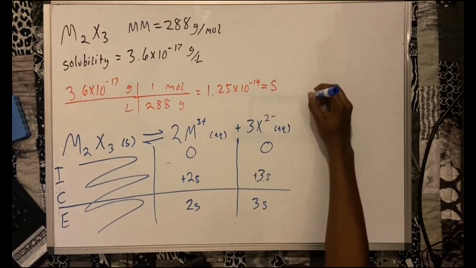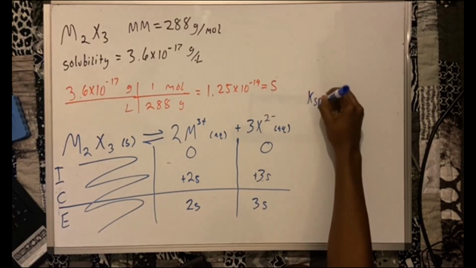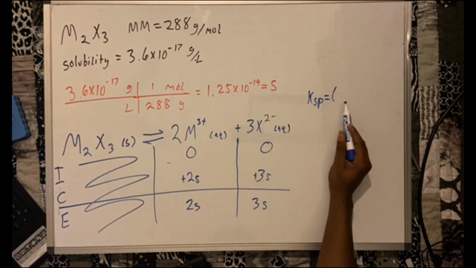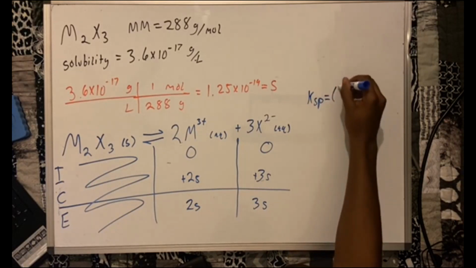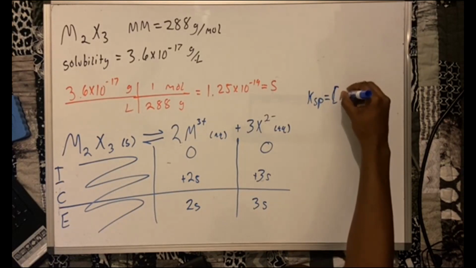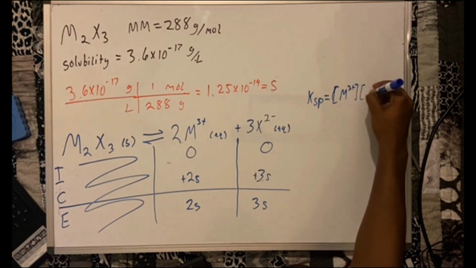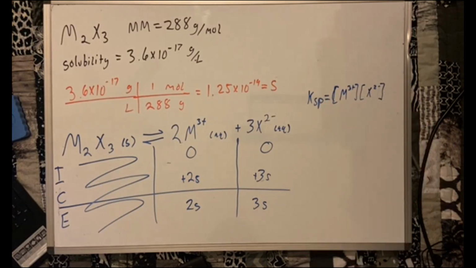So I got that Ksp equals, okay, gotta be careful here. What do I put? So let's write out our concentrations. So M 3 plus, and then X 2 minus. Is that right? You need to raise it to the powers of the coefficients.